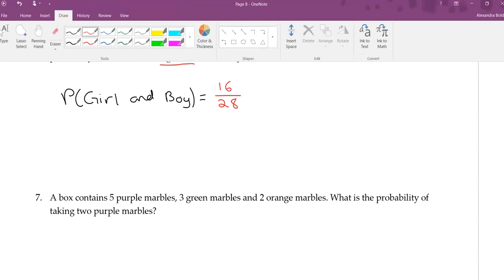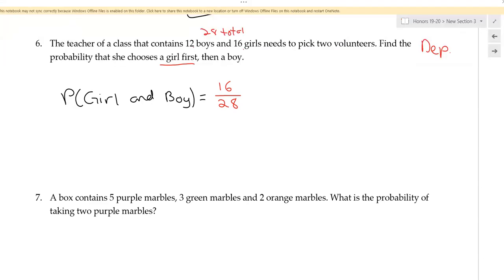Now, I've chosen this girl. So when I go to choose a boy, well, there's still 12 boys remaining, but now 12 plus 15, there's 27 total. So it's kind of like our fundamental counting principle from yesterday, the number decreases, but our total is being multiplied.